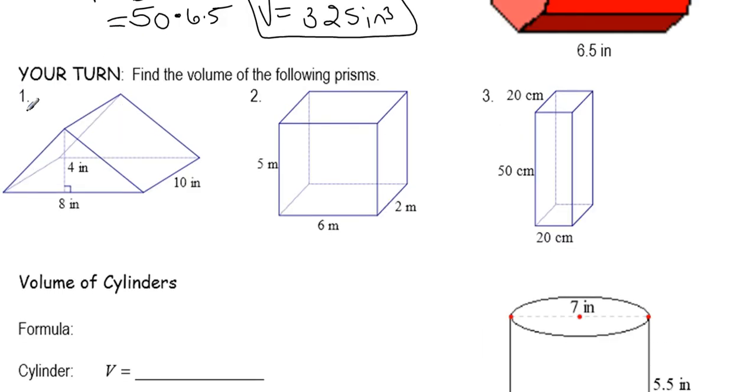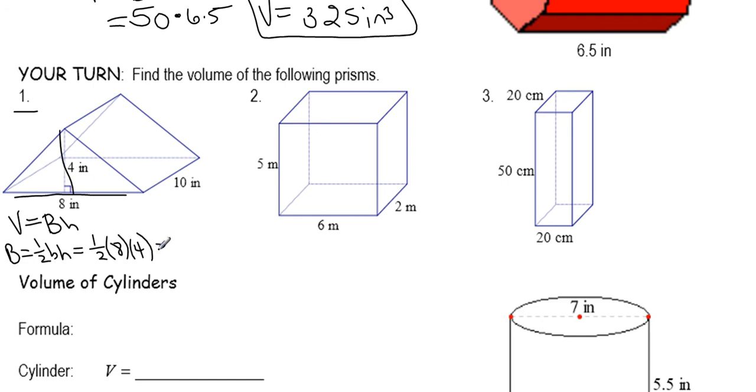Okay, so I'm going to find the first one for you, and then you guys can try the second and third on your own. Number one, we want to find the volume. It's the area of the base times the height of the prism. The base is a triangle, so the area, the big B, would be 1/2 base times height, which is 1/2 times 8 times 4, which gives me 16.